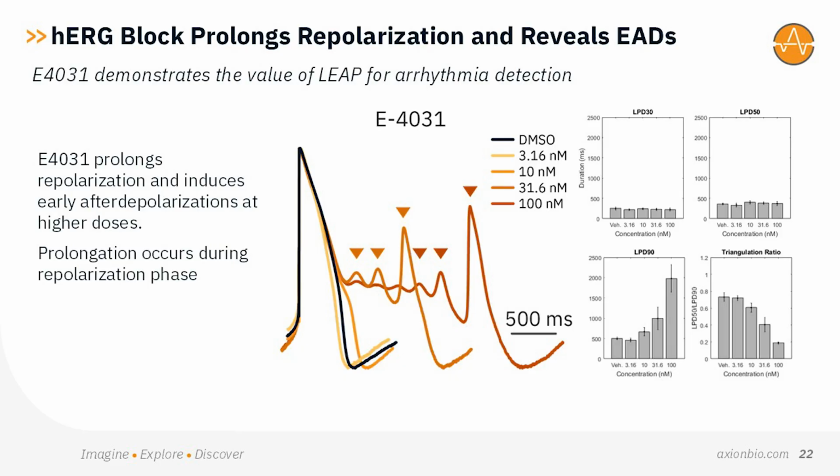An interesting thing to note here is that the prolongation occurs after the plateau phase, so we only observe this in the APD 90. All of this contributes to why LEAP is so valuable. It does not just tell us that repolarization changed, it lets us see how it changed and whether arrhythmic events emerge as the waveform becomes unstable.